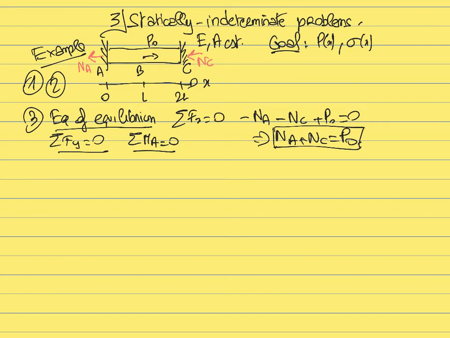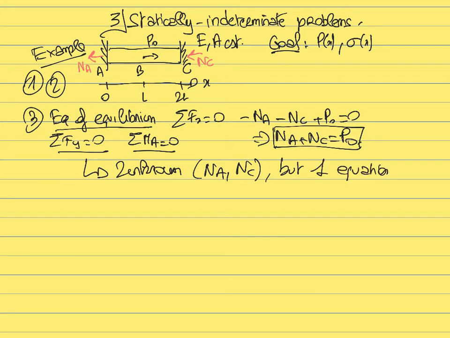So in this case, we have two unknowns, NA and NC, but we have only one equation, which is equation number 1 here. We have one equation but two unknowns. So mathematically speaking, we cannot solve this problem.